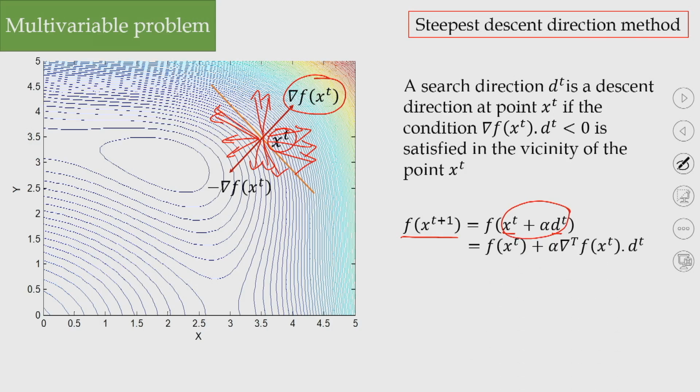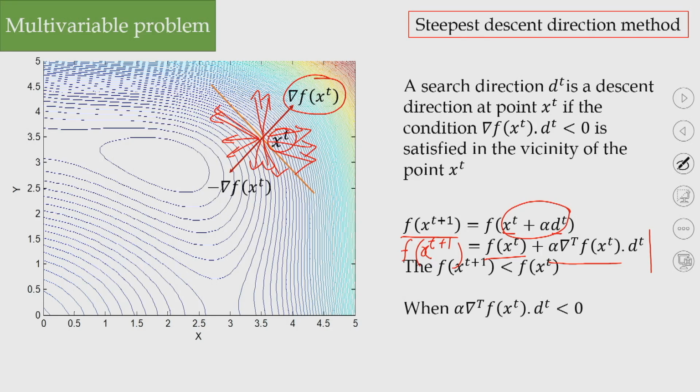Now, if I apply the Taylor series and take it up to the first derivative, I can approximate f of x t plus 1 as f of x t plus alpha del f at x t dot dt.